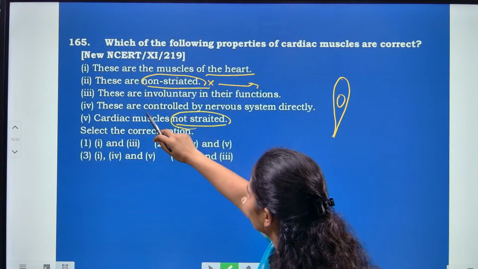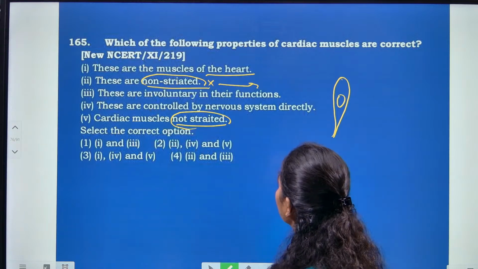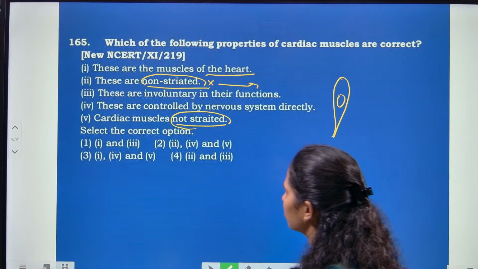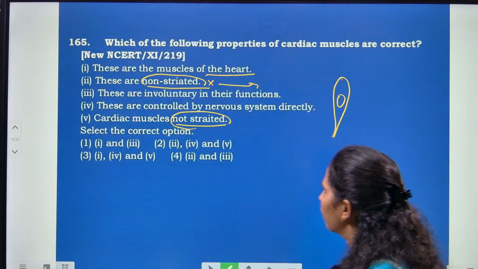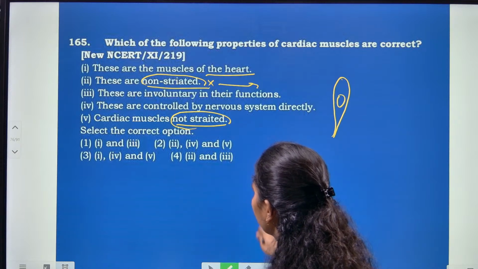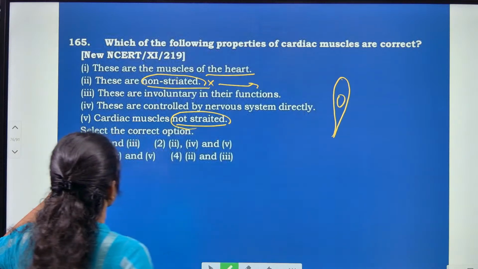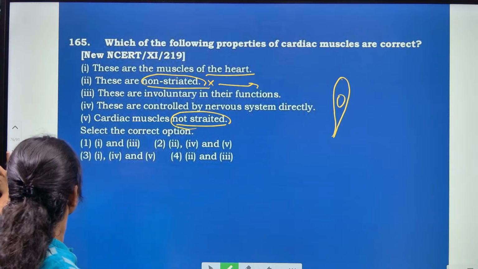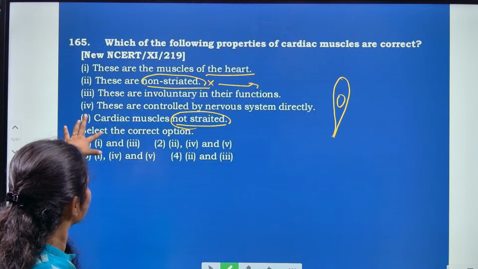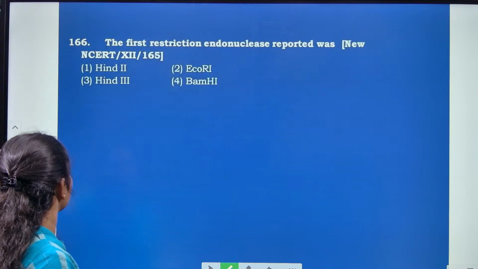So 2 and 4 are the incorrect properties of the cardiac muscle, and the remaining are the right options, that is 1, 3 and 4. So option 1, option 3 and option 4 here.